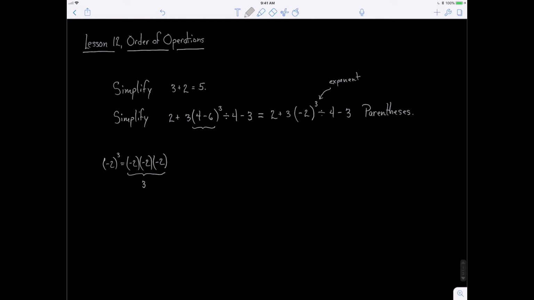If you work through this, a negative 2 times a negative 2 gives you a 4, and you still have another negative 2, so that gives us a negative 8. Coming back to our main problem, this becomes 2 plus 3 times negative 8, and notice that the 3 is gone, the exponent is removed, divided by 4 minus 3. So the next order is exponents.